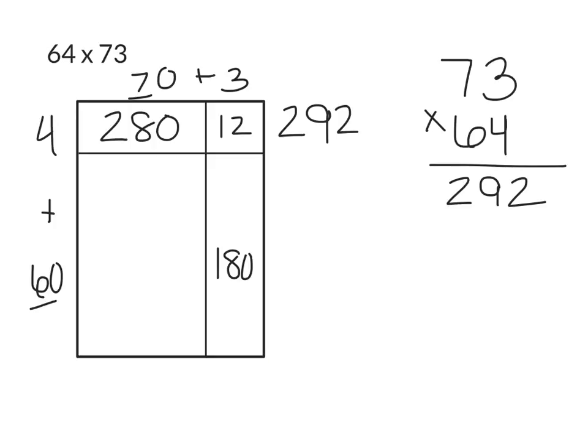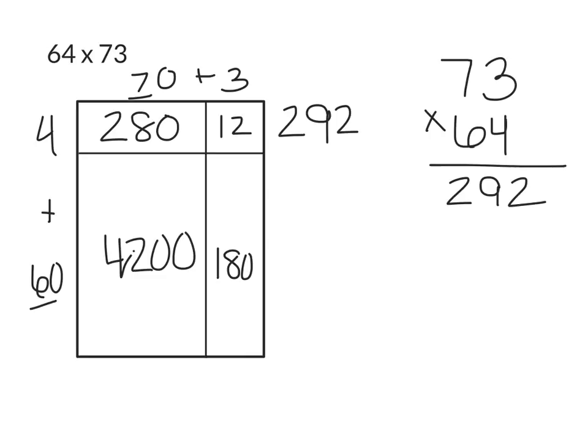I know that 6 times 7 is 42. So 60 times 7 would be 420. So 60 times 70 would be 4,200. You'll see as my factors increased 10 times, my answer also increased 10 times.